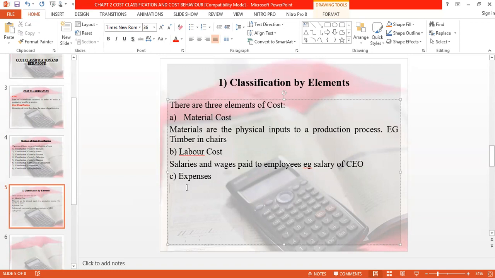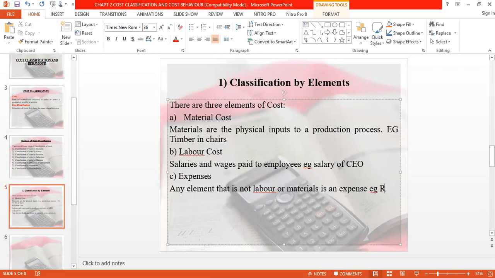Next, we have what is called an expense. An expense is any element that is not labor or materials. Any element that is not materials or labor is called an expense.